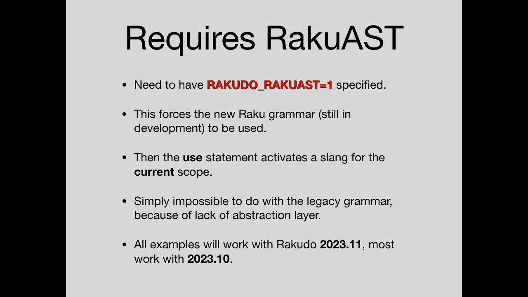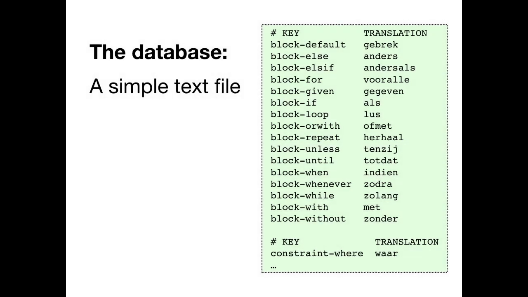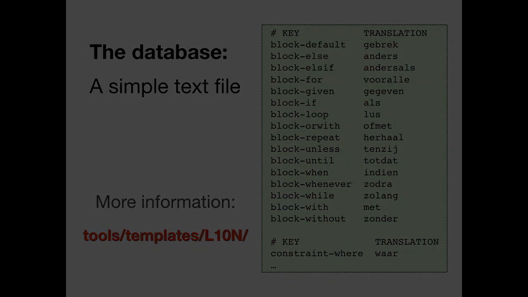So what do we need for this? We need a translation database. And at the moment, the translation database is a simple text file, one for each language. Basically, it has a category marker for each line, the item that we need to actually translate, and the translation. And if you want to find more about this, you can check out the tools templates localization directory in your Rakudo checkout.